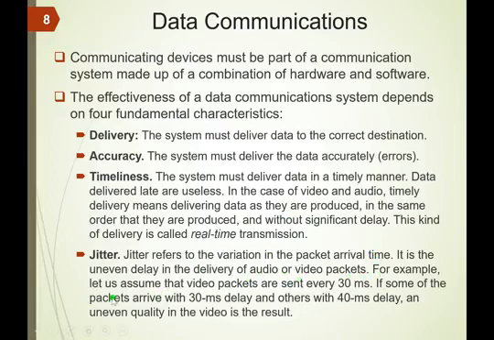For example, let us assume that video packets are sent every 30 milliseconds, depending on the frame rate. If some packets arrive with 30 millisecond delay and others with 40, an uneven quality in video is the result. This happens when you are watching a YouTube video.